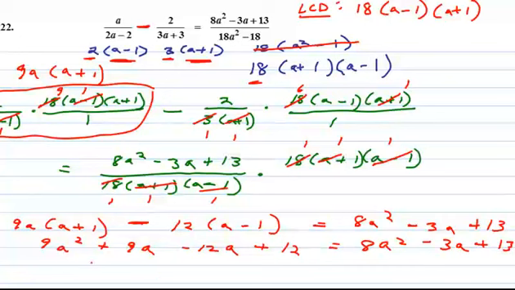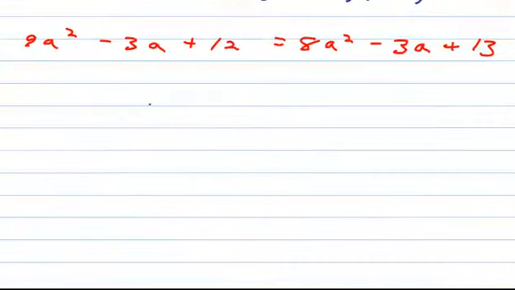Okay, and now we have like terms here. We have 9a squared minus 3a plus 12 equals 8a squared minus 3a plus 13. Let me clean up here a little. Okay, so now we're ready to evaluate our equation.